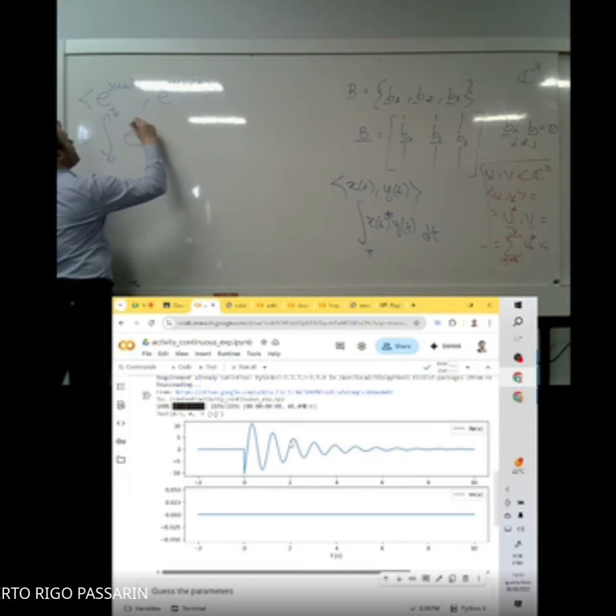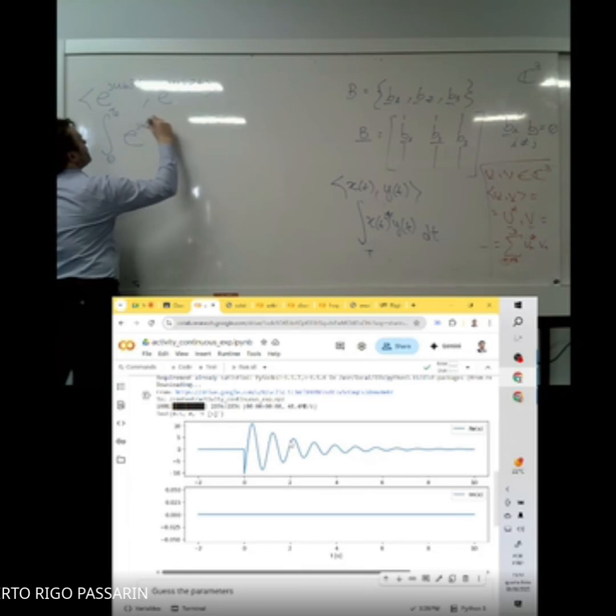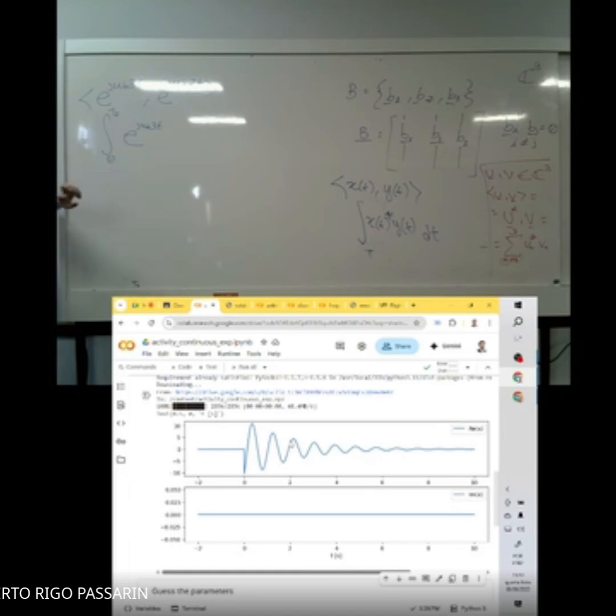E to the j omega 0 3 t. This guy has to be complex conjugate. What's the complex conjugate of this number? I just have to shift the sign of the imaginary part or of the angle. This guy is just angle. If I do this, I'm shifting the sign of the angle.